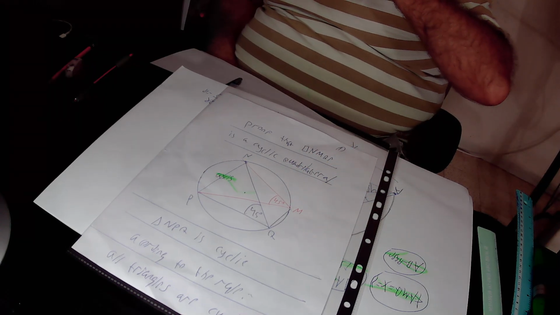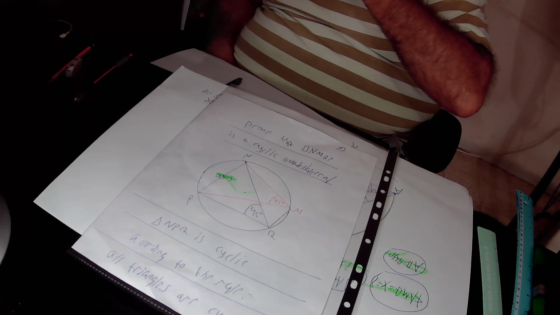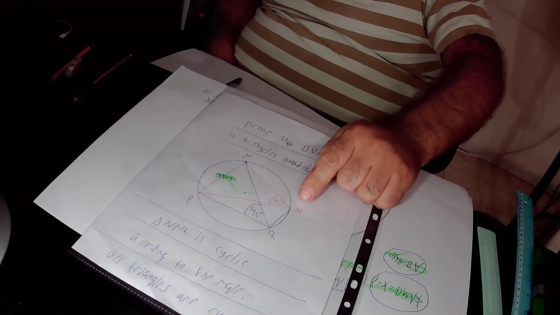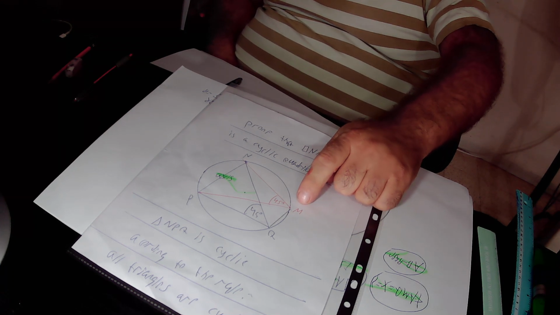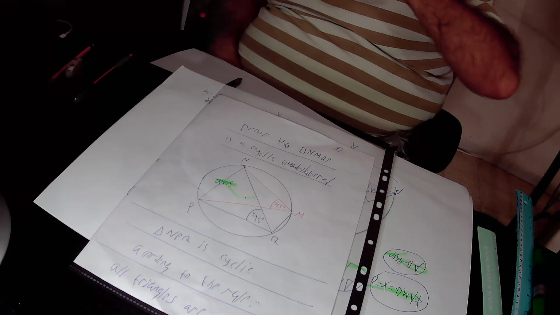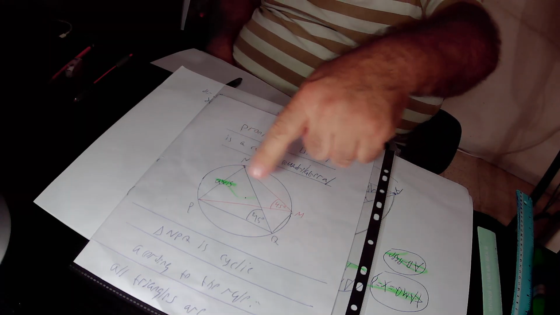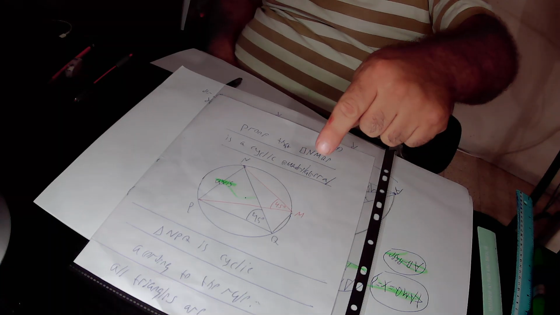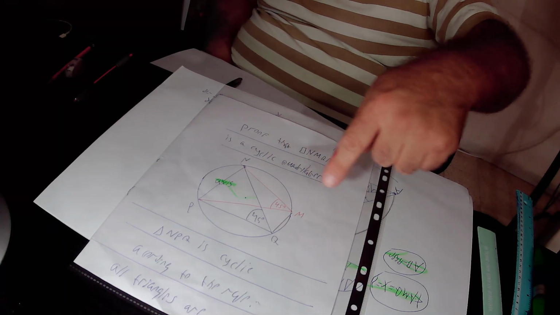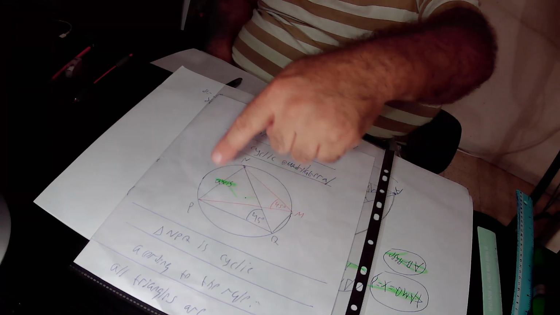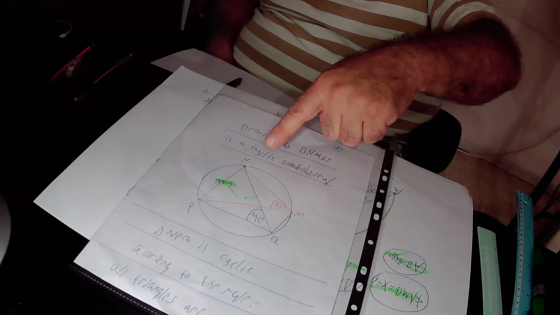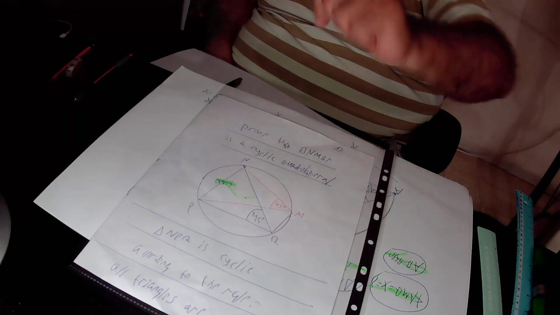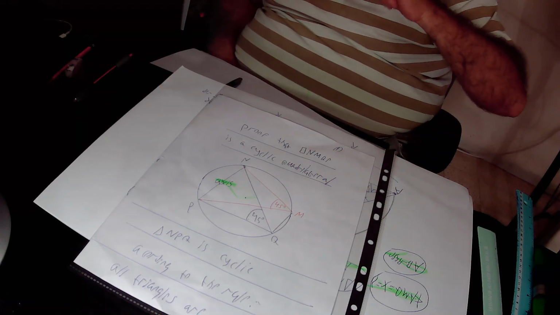So therefore angle PMN is located on the circle, not inside the circle or outside the circle. So this is angle PMN that touches the circle at point M, and in this way we created quadrilateral PQMN. This is a cyclic quadrilateral because all of its four vertices N, M, Q, and P touch the circle.